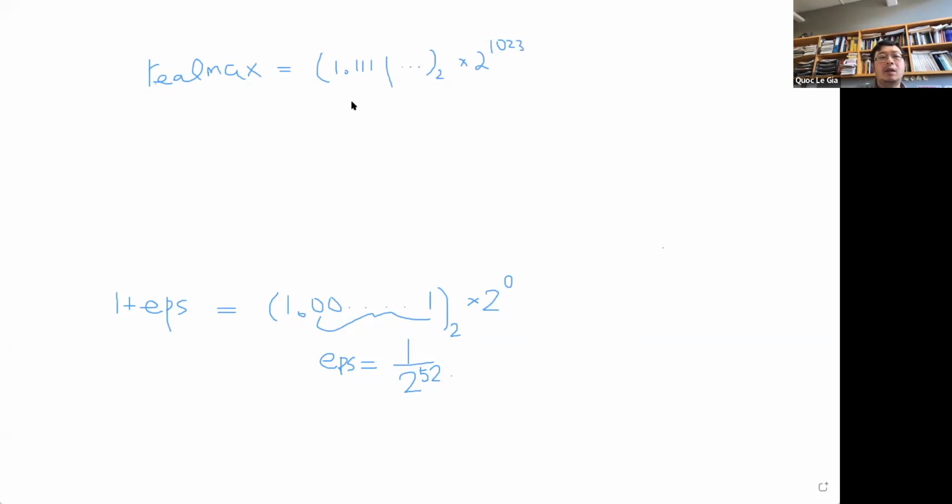When you expand it into values, this is 1 plus 1/2 plus dot dot dot plus 1/2 to the 52.